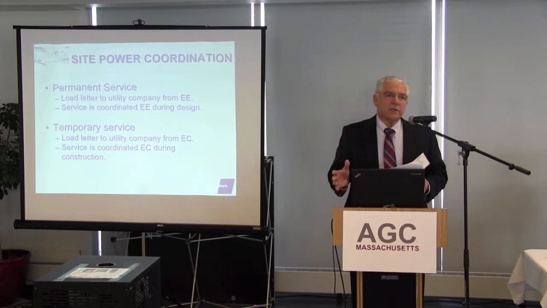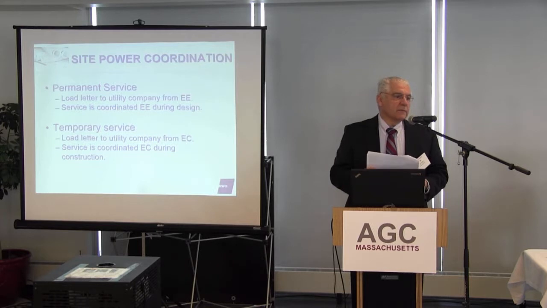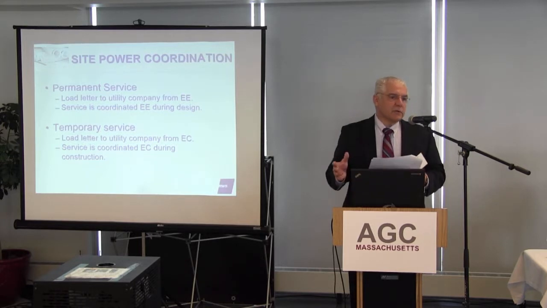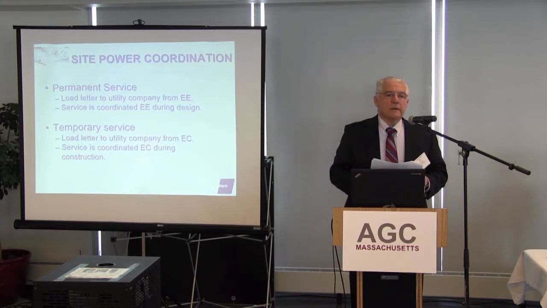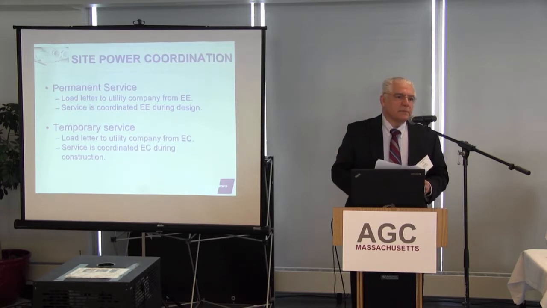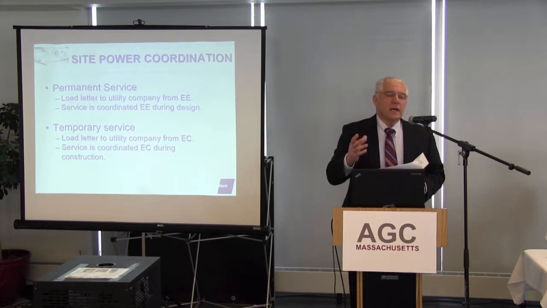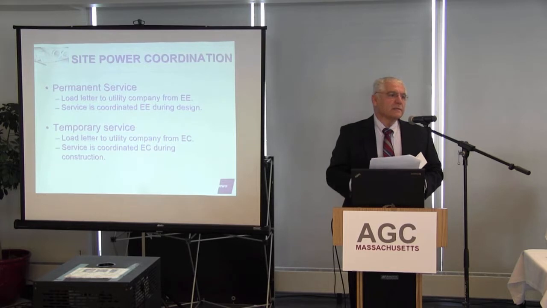The transformer pad is the responsibility of the civil contractor or the general contractor. So that's usually put in place for the electrical contractor. In most cases with Eversource, NSTAR, and so on, the primary conductors are pulled by the utility company.